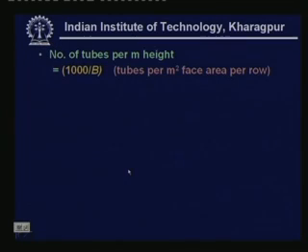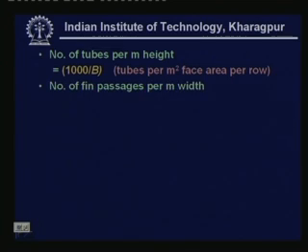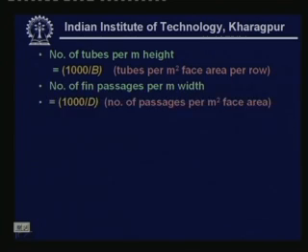Now, number of tubes per meter height is nothing but 1000 divided by B. We are using 1000 because B is in millimeters. So, number of tubes per meter height is 1000 by B, and these are the number of tubes per meter square face area per row. Next, number of fin passages per meter width. This is given by 1000 by D, and these are the number of fin passages per meter square face area per row.